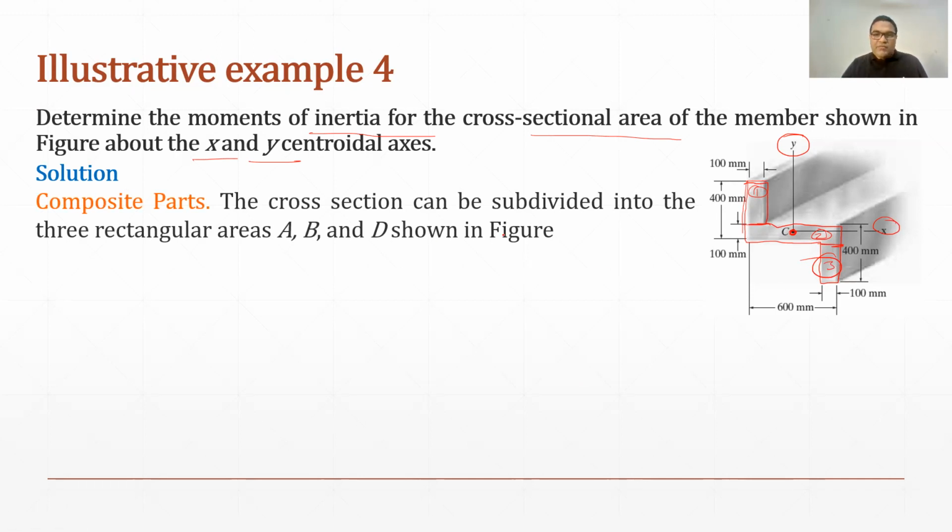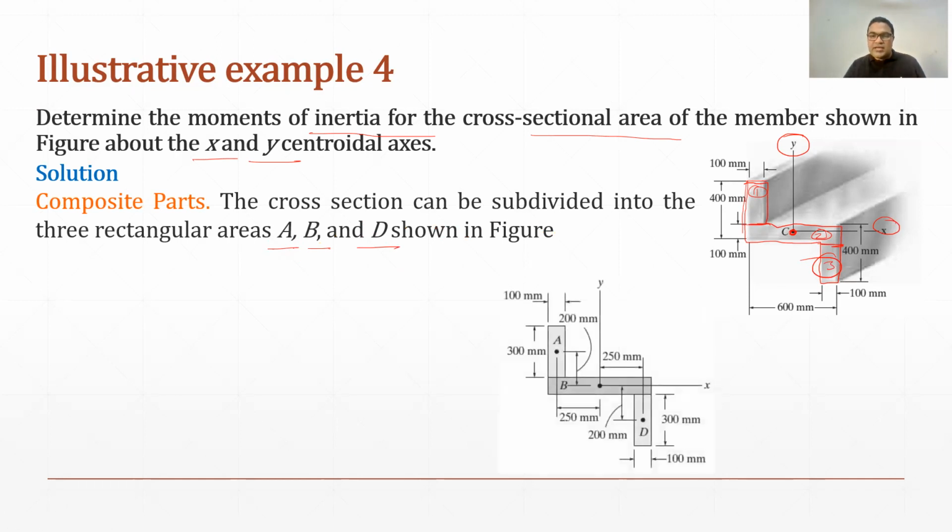The cross section can be divided into three rectangular areas A, B, and D. So this area can be divided like this. So all the dimensions are here, and say this one is rectangle A, this one is rectangle B, and this one is rectangle D. So here you can see a very interesting thing.